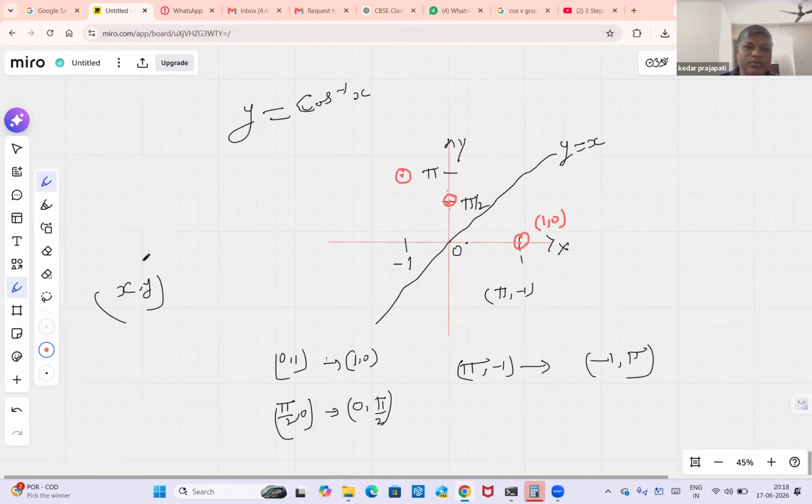So when you want to draw a graph for this, this pi will be a little ahead, a little up. So this will be pi by 2 and this will be pi.